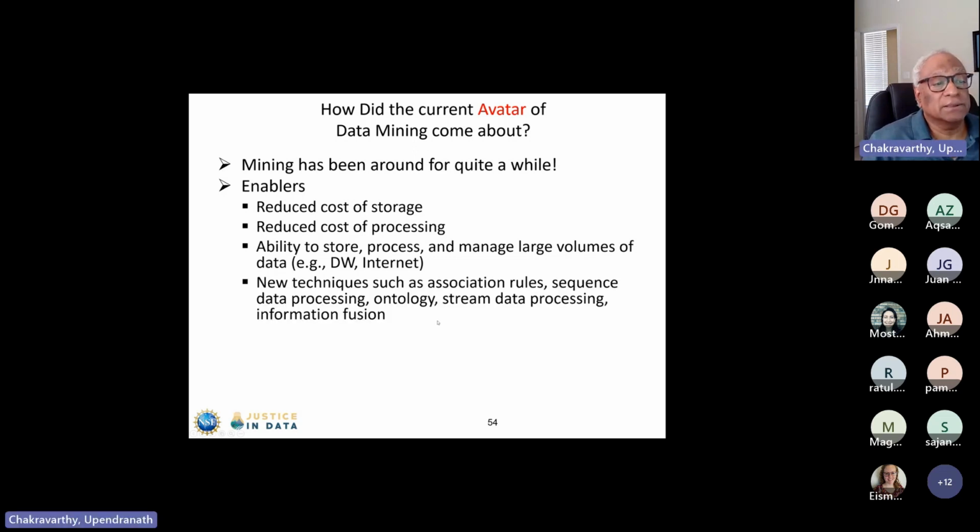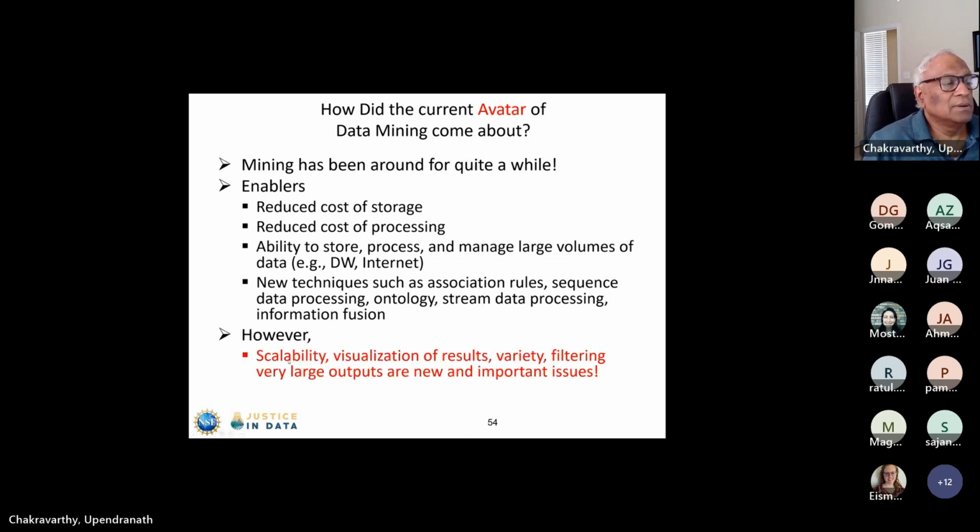New techniques such as association rules I mentioned, sequence data processing, use of ontology, stream data processing, information fusion. Again, as we saw earlier, the challenges are scalability, visualization, variety, and filtering very large outputs.